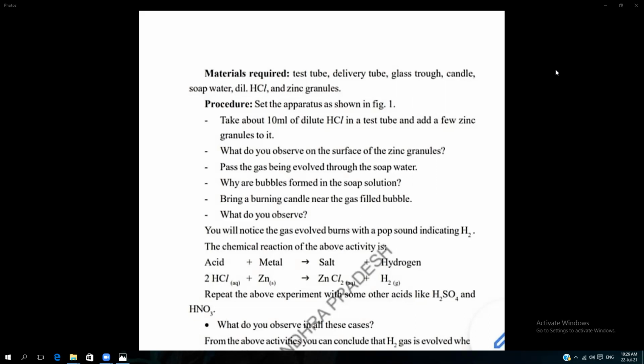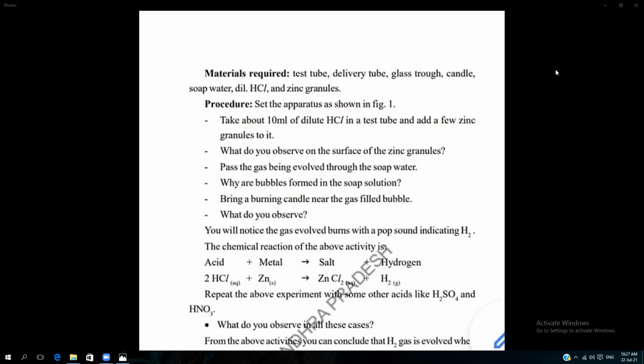When we add the zinc granules to the hydrogen chloride, the reaction occurs. When the reaction occurs, zinc chloride and hydrogen gas are formed. Zinc chloride is a salt.